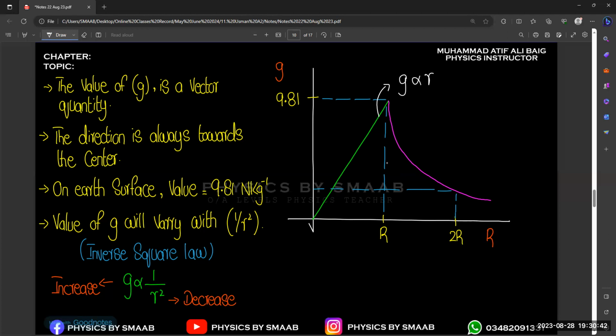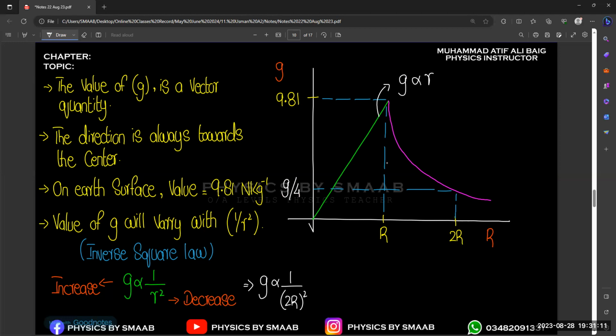Just like if we continue this equation, your equation will be 1 over (2r) square, right? It will be equal to 1 over 4 times the actual value of r square, right? So it means that your value of G will be decreased by 4 times, right? So that is the value of 2r on y-axis.